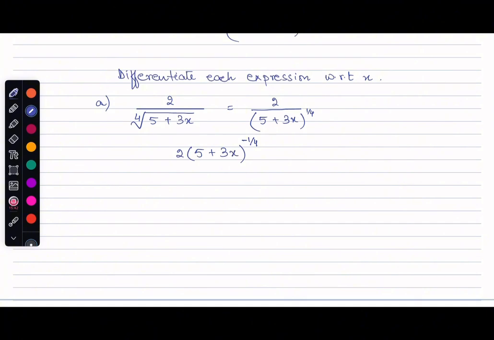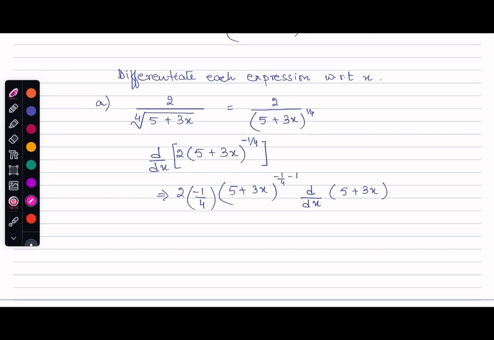So I need to differentiate the function. I can say it's d by dx of this function. So to do that, obviously I will be having here 2 times negative 1 by 4, and then it should be (5 plus 3x), and for this it should be negative 1 by 4 and a negative 1. And in the second step now, I should be differentiating the function, which is 5 plus 3x.